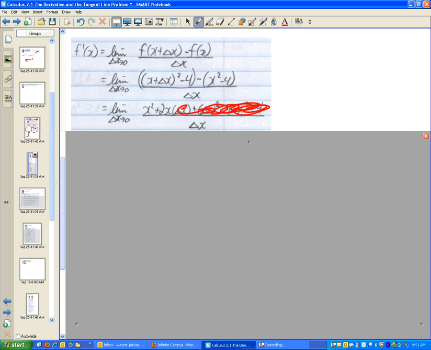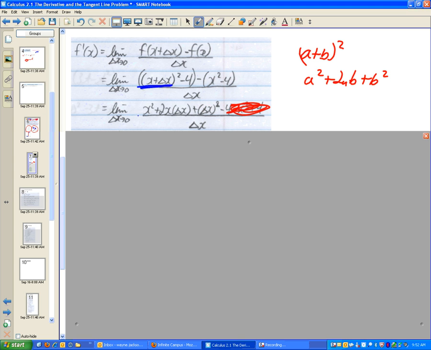First, let's square that binomial. If you have a plus b and you square it, you get a squared plus 2ab plus b squared. So when we square that, we'll get the first term squared, that's x squared, plus 2 times the first term times the second term, so 2 times x times delta x, plus the second term squared, so delta x squared.